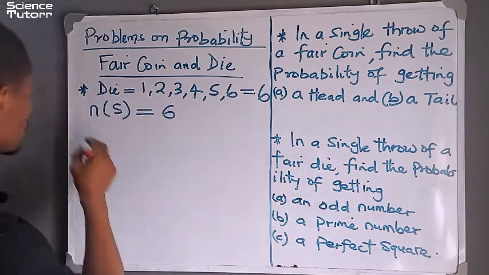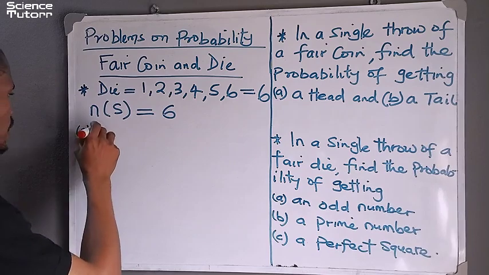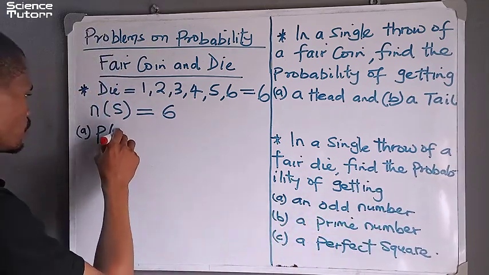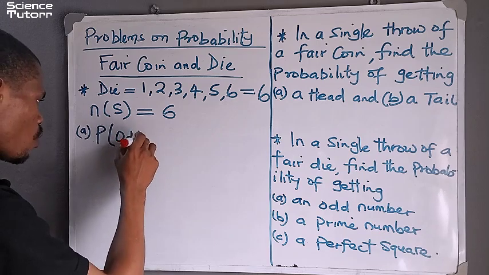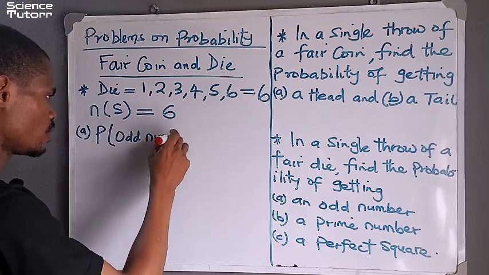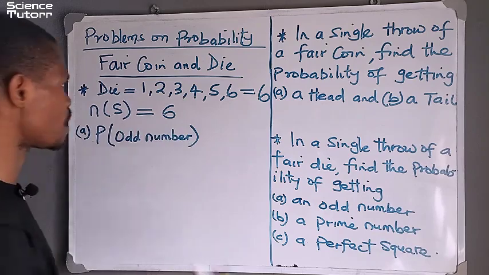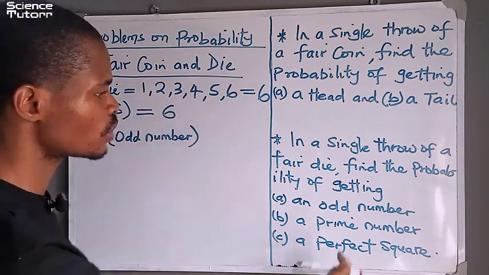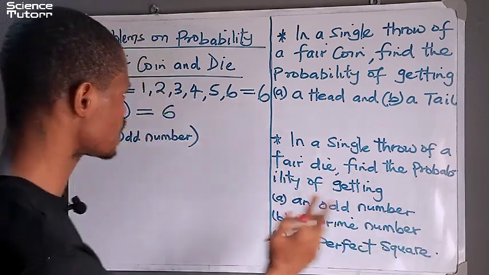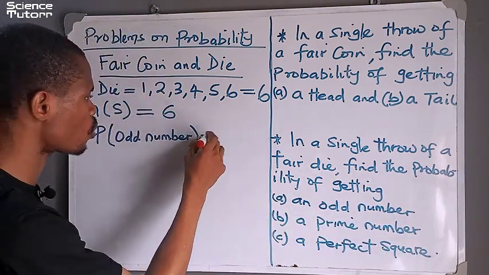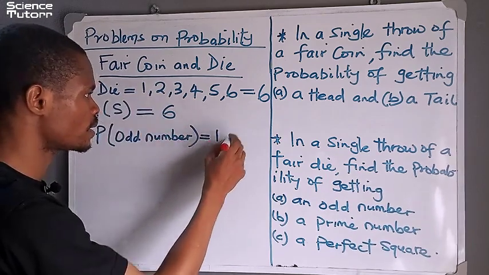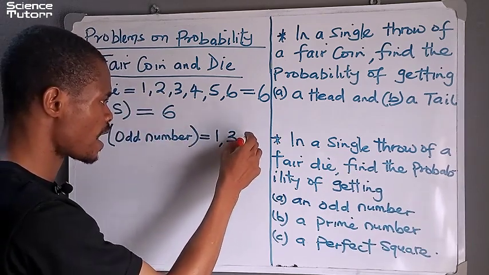Now, for the first question, the probability of getting an odd number will be, out of the sample space, I'm going to count the number of odd numbers that are present. The odd numbers are 1, 3, and 5.